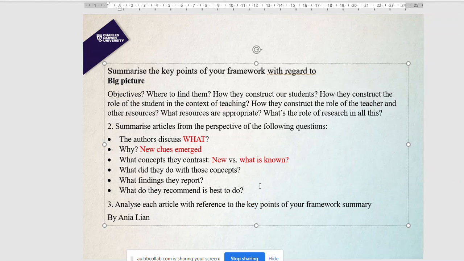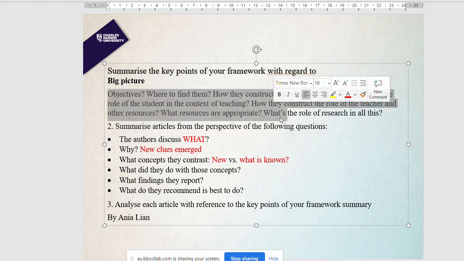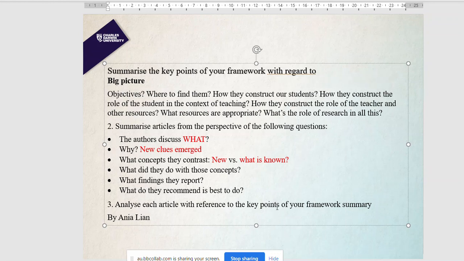So you analyze what problem the article was addressing, and the conclusion the article reached, and all of that, in relation to the principles or values that you have explicated in your framework, to say whether they address those things.